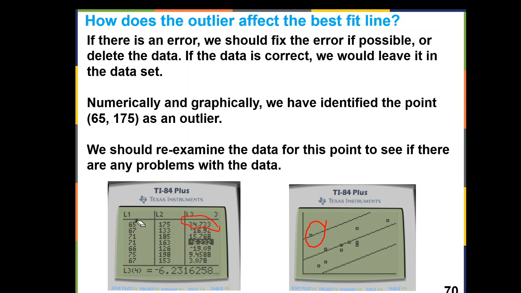So we delete the first point, 65 and 175, and redo the linear regression based on what is left, because we were not supposed to use that number if it's an error. Of course, you have to prove that. Only if you prove it is an error can you remove it. All right. So it's possible that some researchers might abuse this idea.